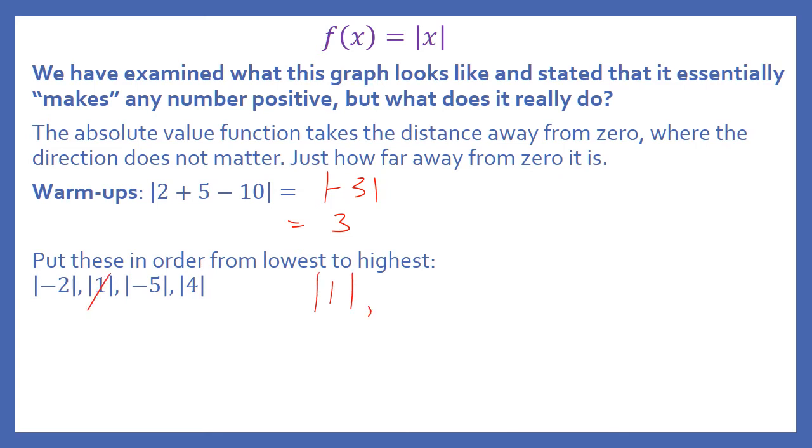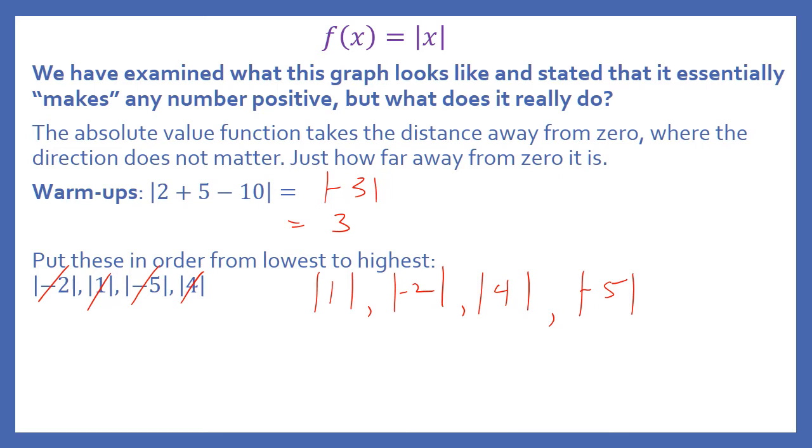The next closest to 0, negative 2, it's only 2 units away. The next closest to 0 would be 4. And the furthest from 0 would be negative 5. Hopefully that helps provide you some insight into what the absolute value actually does.